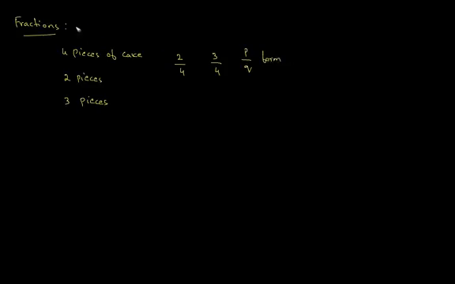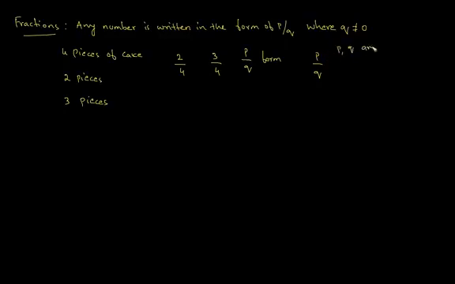Any number written in the form of P by Q is called a fraction, where Q is not equal to 0. In P by Q, P and Q are called terms.